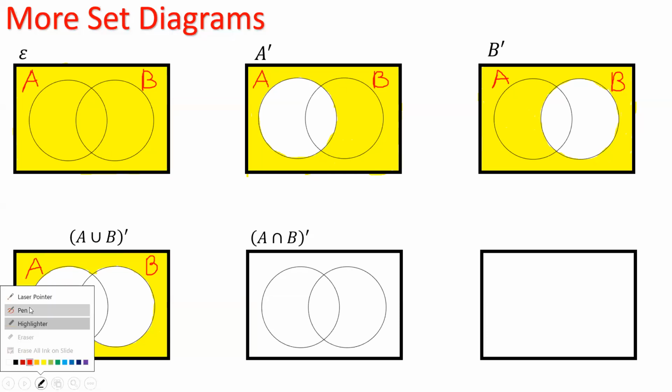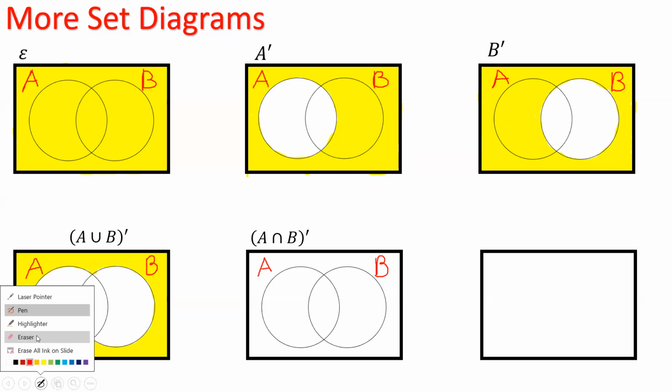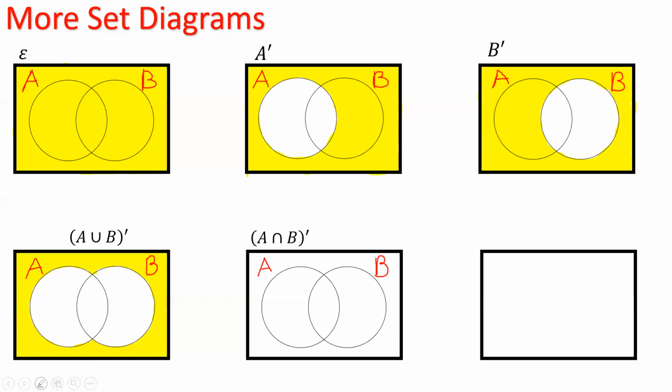All right, so let's call this one A, and this one is going to be B. We're gonna shade in everything except for the middle.